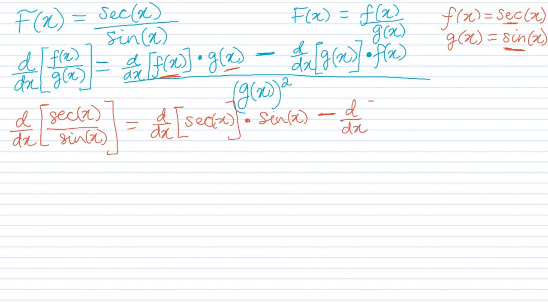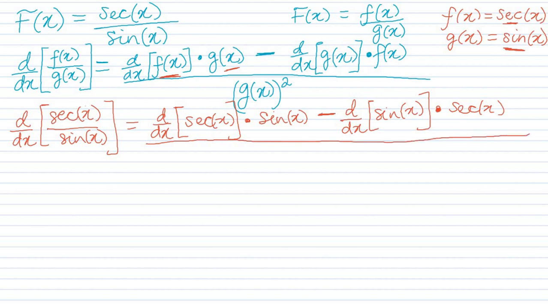So d dx of sine x, and we'll multiply that by f of x, which is the numerator subfunction, secant x. All of that divided by the square of the denominator subfunction, all of that divided by sine x all squared. So that's that. And then you have d dx of secant x.